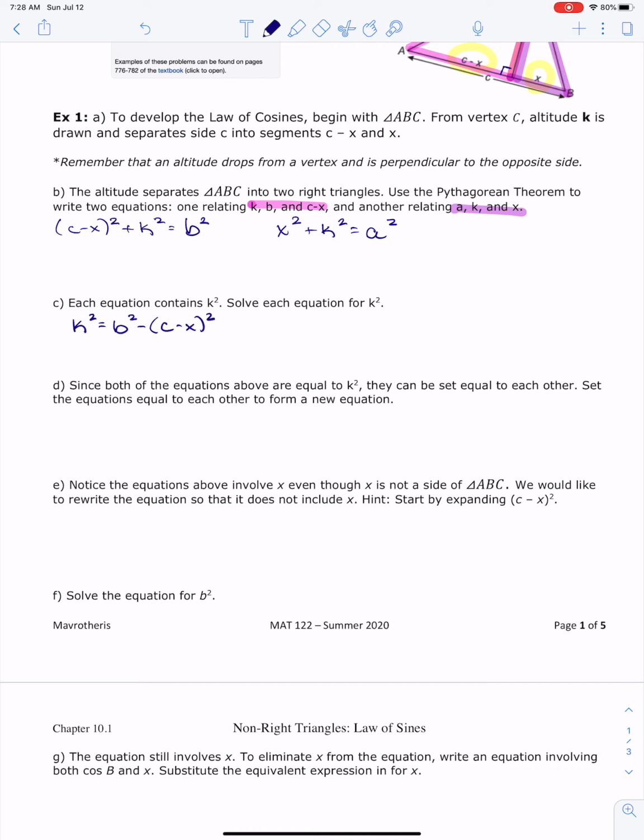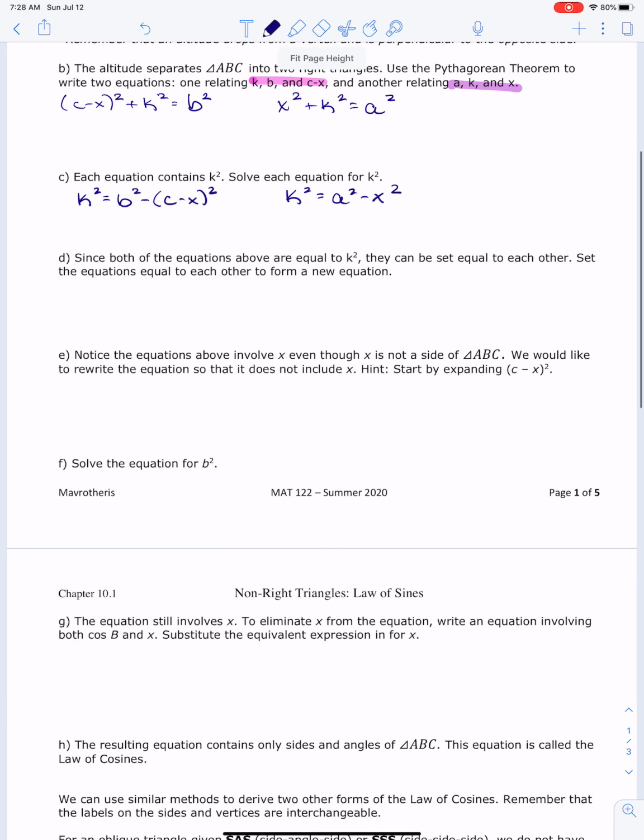Right now I'm going to leave it like this. Over here I have K squared equals A squared minus X squared. Okay. Both of these are equal to K squared, so we're going to do the same thing we did with law of sines and set them equal to each other. I get B squared minus (C minus X) quantity squared equals A squared minus X squared.